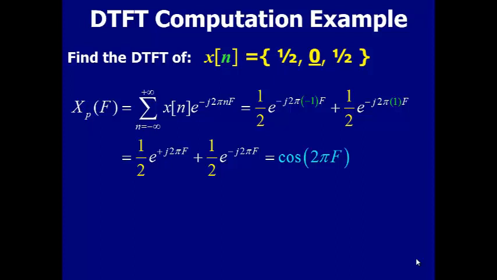Versus frequency. So if I was going to plot the magnitude and phase of that, I'd have to say the magnitude of x of f versus frequency, let's see, flips up like that. And the phase angle of x of f versus frequency.